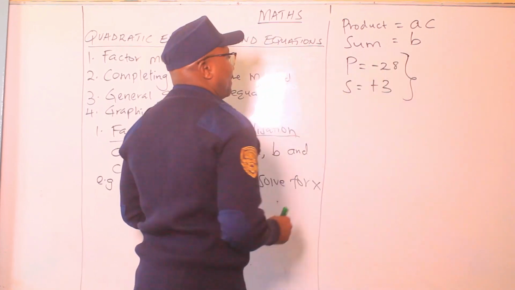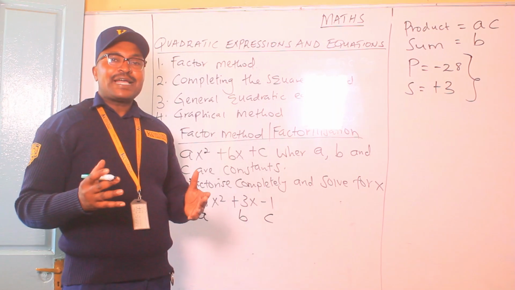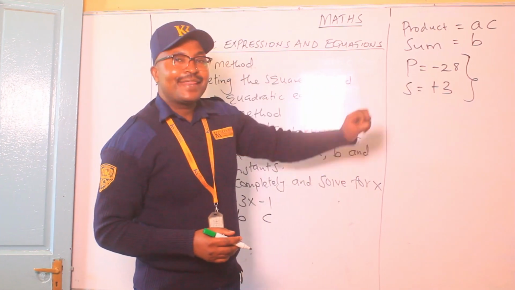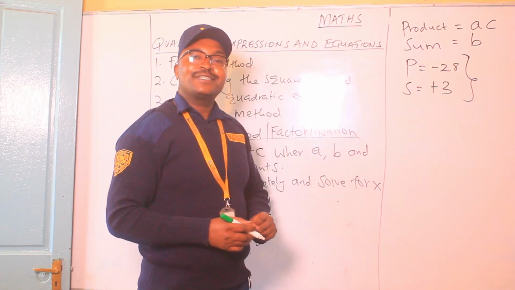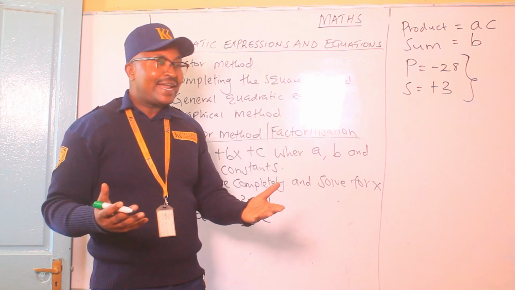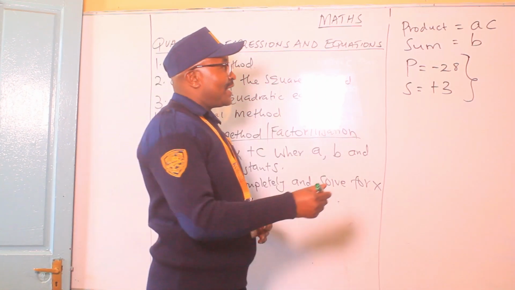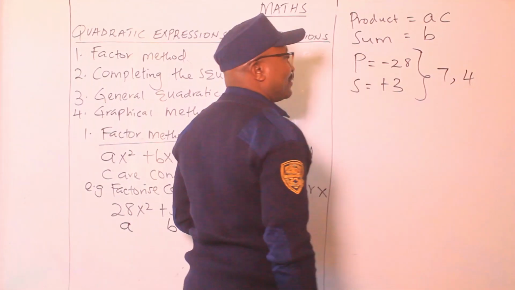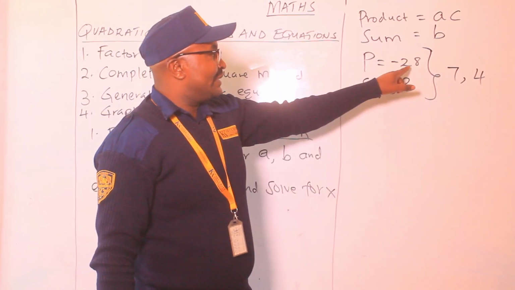So what you do, you just ask yourself, which are the two numbers that when you multiply, they are going to give you negative 28, and when you add them, they are going to give you positive 3. First of all, we have 7 and 4, because 7 multiplied by 4 gives 28.